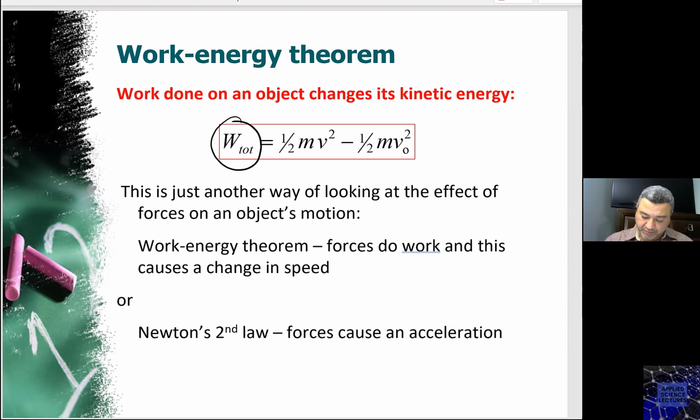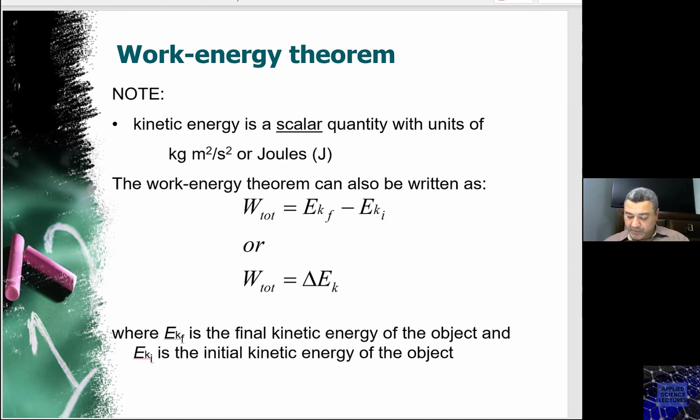Again, the kinetic energy is given in units of joules, and as I said, the total work is the difference between the final kinetic energy minus the initial kinetic energy. The symbol for the kinetic energy is EK.